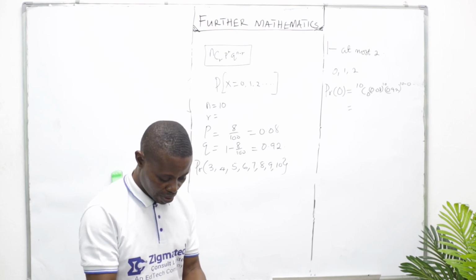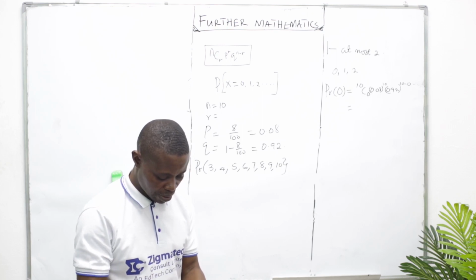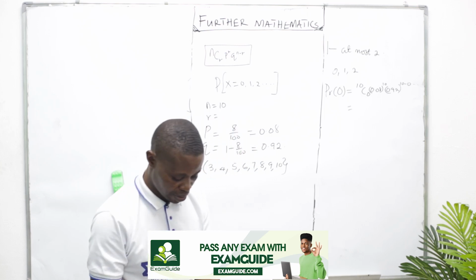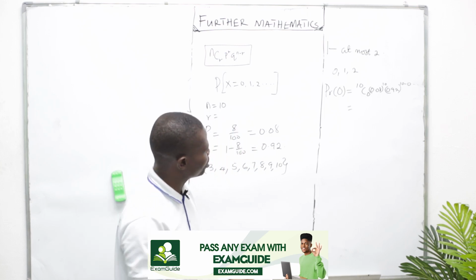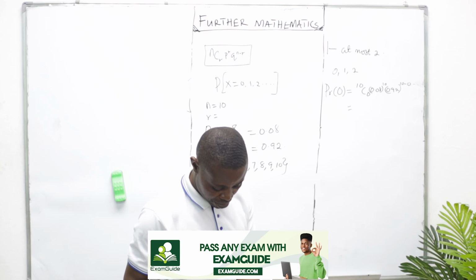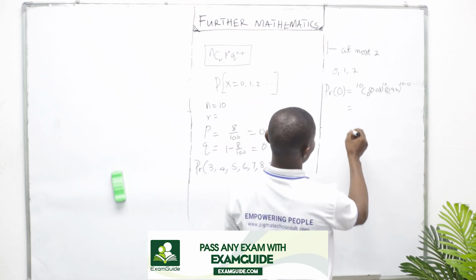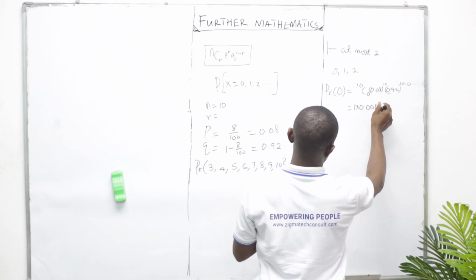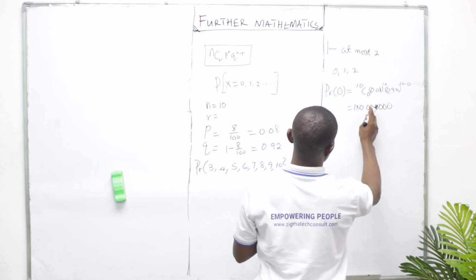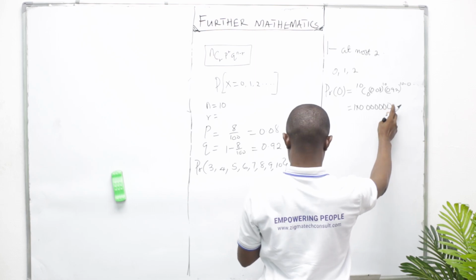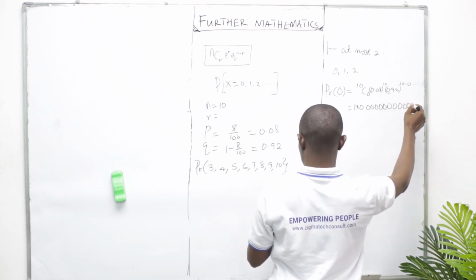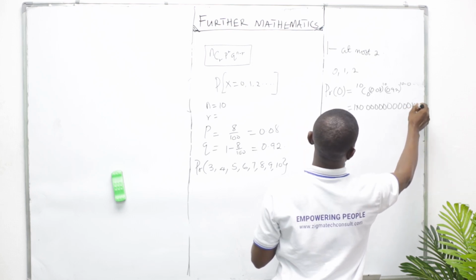Then 0.08 raised to power 10 gives 0.00000 up to 11 places, about 1 times 10 to the power minus 11.